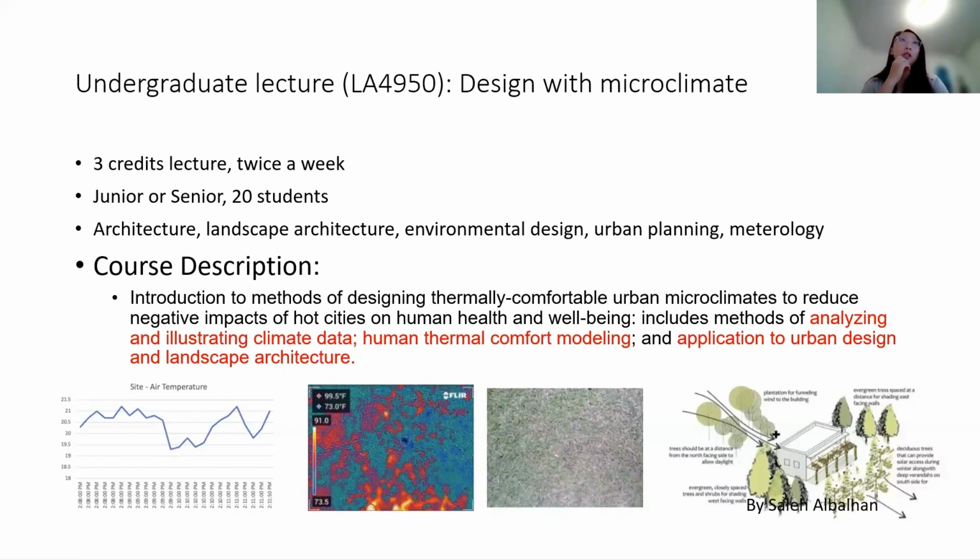The major goal for this course is to ask the students to understand design with thermally comfortable urban microclimates. We introduce methods of analyzing and illustrating climate data, human thermal comfort modeling, and how we apply those design strategies in landscape architecture, urban design, and urban planning.